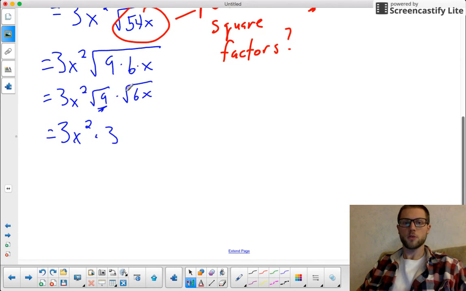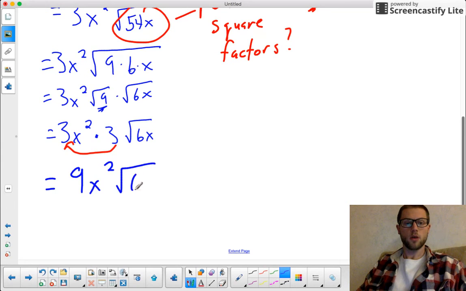Remember, all of this is multiplication between every single factor, and then this is times root 6x. So let's combine. I can move this 3 and multiply it with this 3 to simplify even further. My final answer here will be 9, 3 times 3, x squared times the square root of 6x. Now, nothing inside of here has any perfect square factors, and I am done with this one.